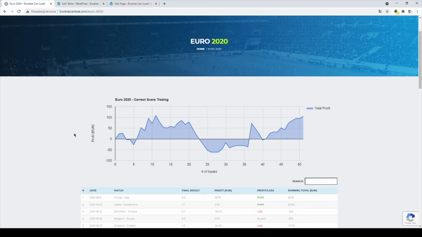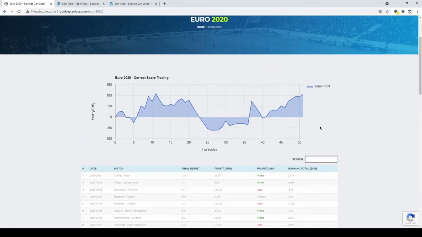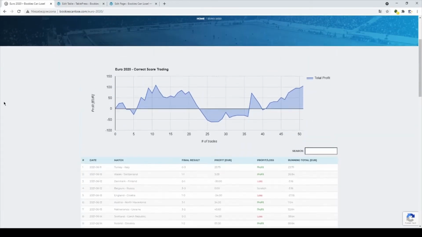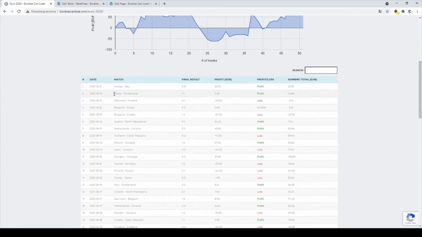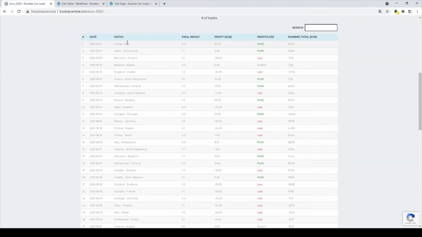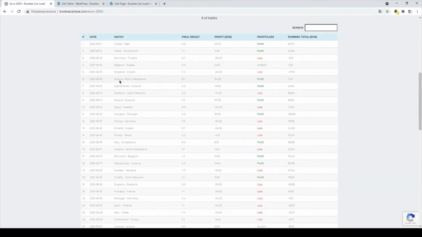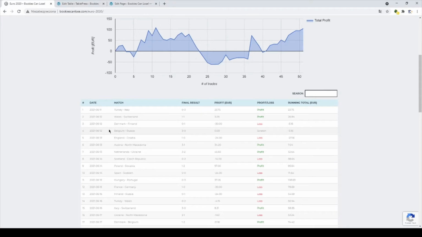But for this tournament I decided to have some fun, and I traded all the games. You can see the chart, and the games listed here. There were 51 games in the tournament, so I have 51 entries in my table.